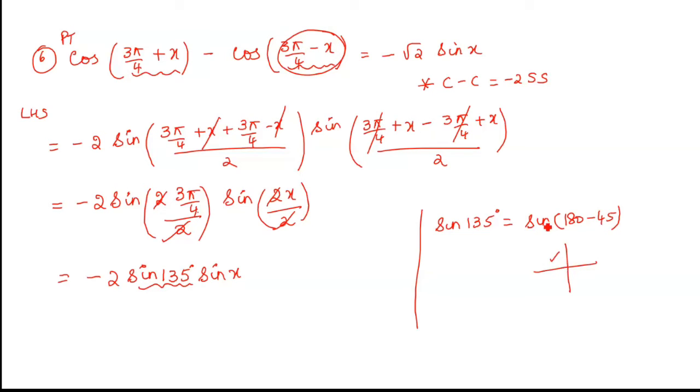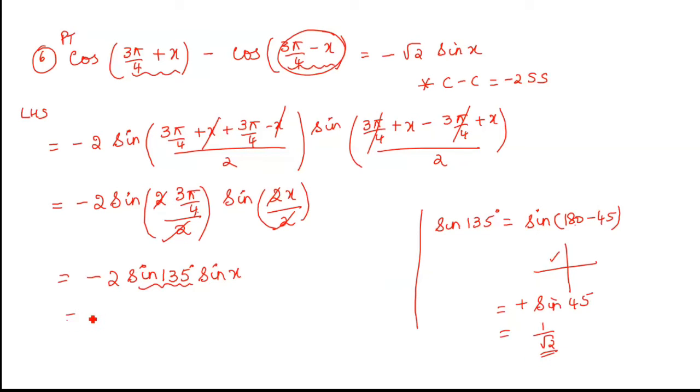In the second quadrant, is the sign positive? Yes, so answer is plus. And then 180 lies on the sleeping line, no change to cofunction. So therefore write sine 45 as it is. How much is sine 45? 1 by root 2. Yes. So write that now.